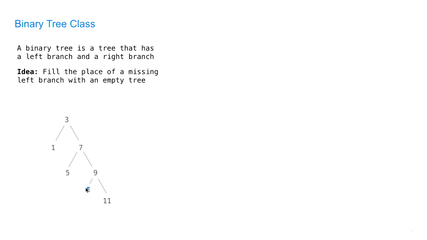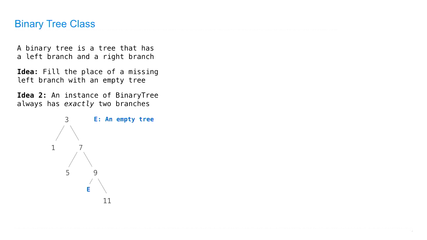Now this is nice because otherwise if we only had 1 branch, we couldn't tell if it was left or right. But by putting an empty branch here, we can tell. And in fact, with binary trees, it's common to put empty branches everywhere, even on the leaves, in order to make sure that every binary tree has exactly 2 branches.